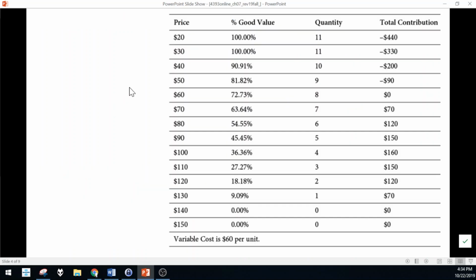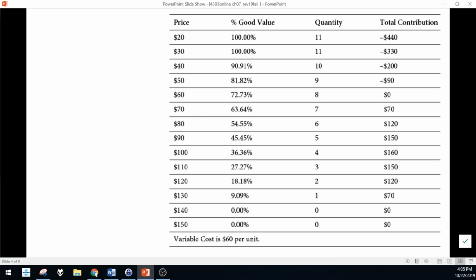All right, now let's talk about reservation prices and good value. So basically, a reservation price is the highest price a consumer will pay for a product. Okay, so if you know what the consumer's highest price paid is, you can use that information to help determine prices, the price you could charge.